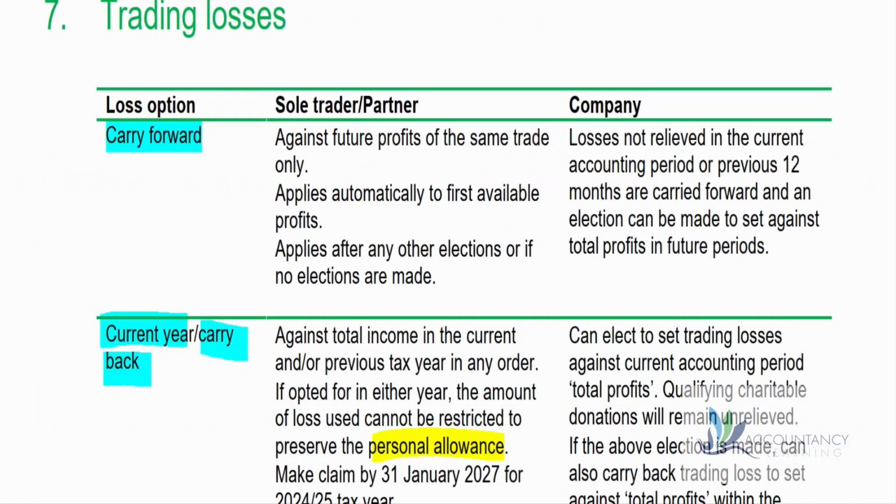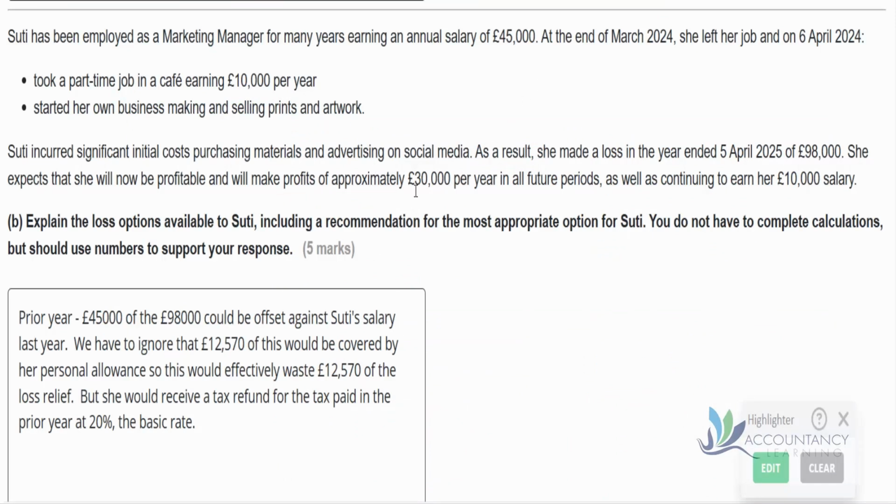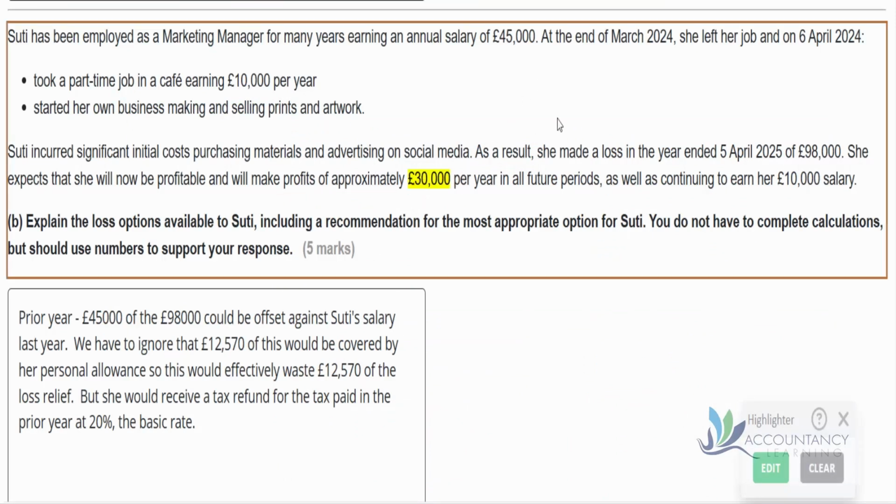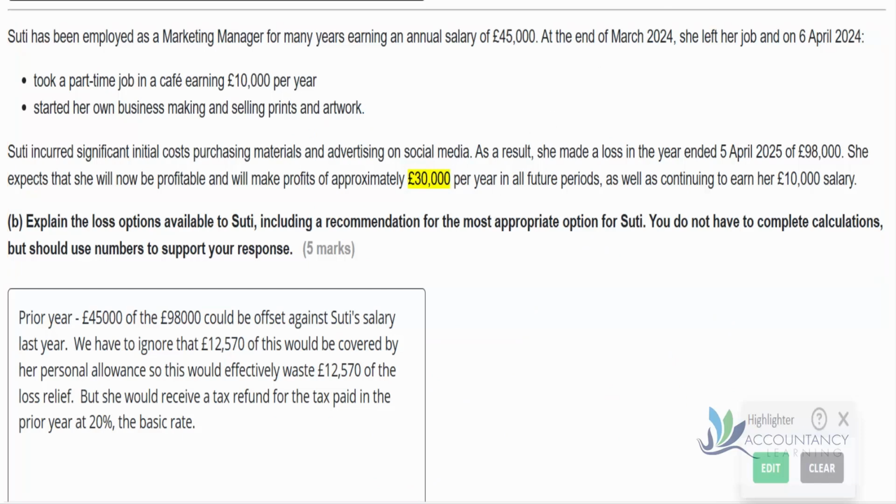The next choice would be to carry forward the losses. And remember, we can do these in any order. In that case, we'd apply them against future profits of the same trade only, and this happens automatically to the first available profits. We're told in the question that they're expecting to get 30,000 of profits in future years.